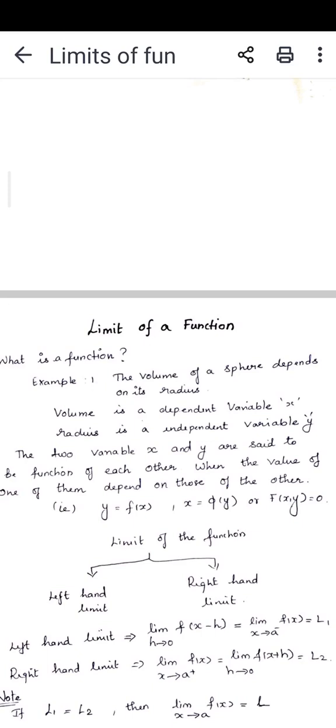Similarly, a plus some value approaches a. So the left hand limit and the right hand limit both approach the same point a. In that case, a will be the limit point.